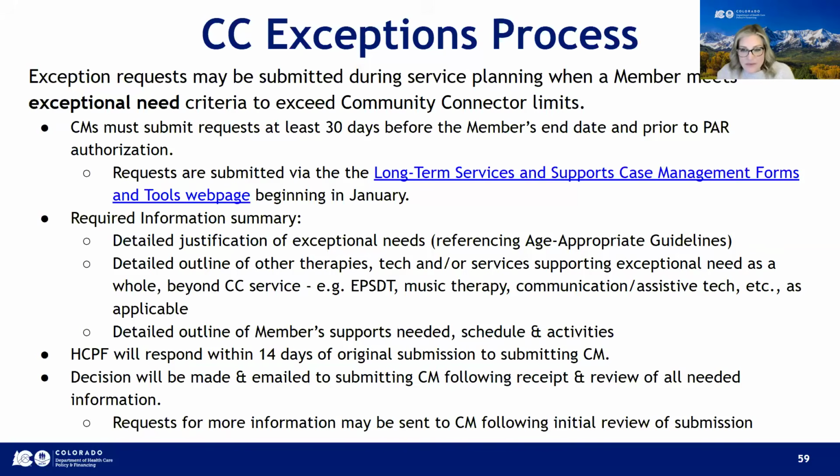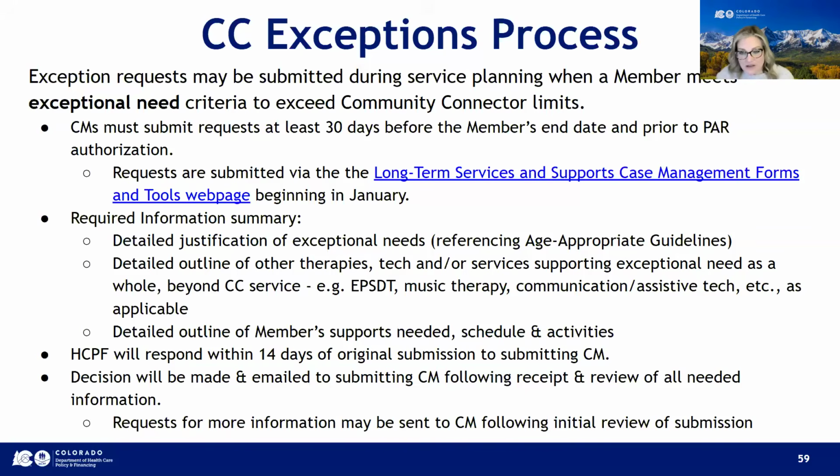Exceptions requests could be denied if the services requested do not meet the intent of Community Connector, if they fall short of the service purpose, or requested services have limited community engagement beyond paid supports or are for segregated activities. Remember, you do not always have to submit an exceptions request.